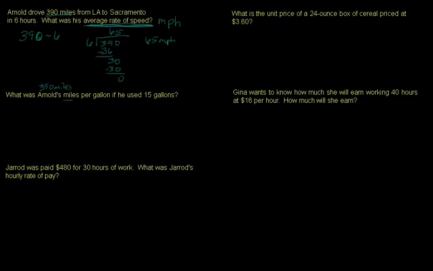Now it's going to ask for miles per gallon. Remember that I talked about how per means that you're going to divide, miles divided by gallons. So you used 15 gallons in 390 miles. So we're going to take 390 divided by 15.